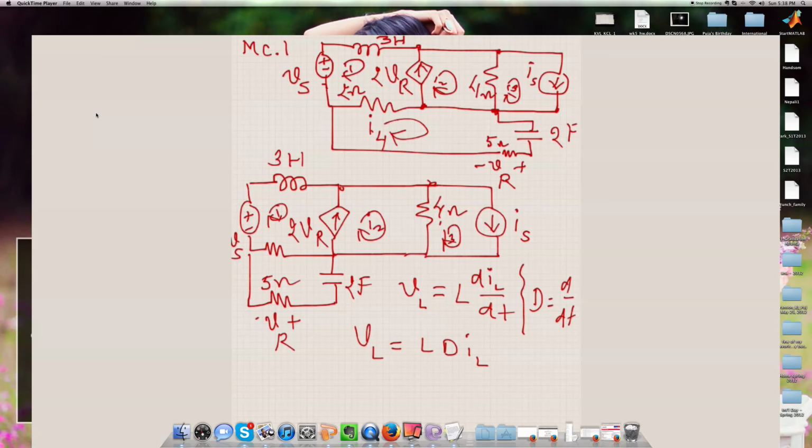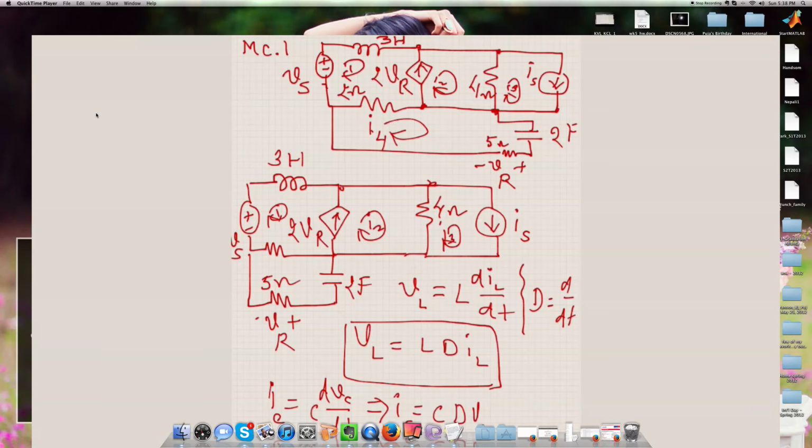Along the same line, when we have a capacitor, the current through the capacitor is given by C dVC over dt. We could transform this in the same way as IC equals C D VC.